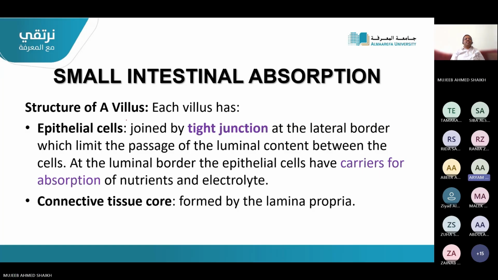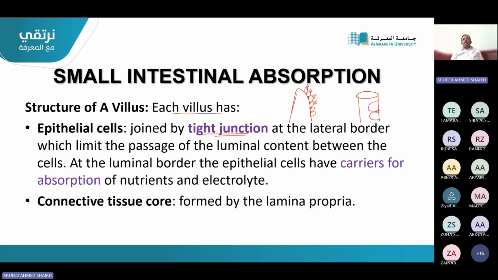Yeah. So each villus has epithelial cells. If you remember, this is a villus, suppose, and on each villus you will find epithelial cells which have projections or brush border, and they are connected to each other with tight junctions. Let's say I will draw now a lumen, and let's say these are the epithelial cells.